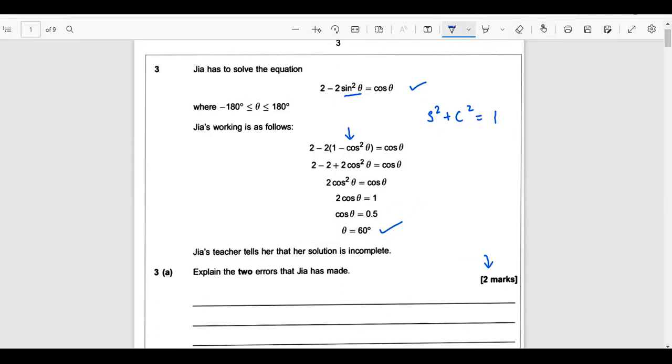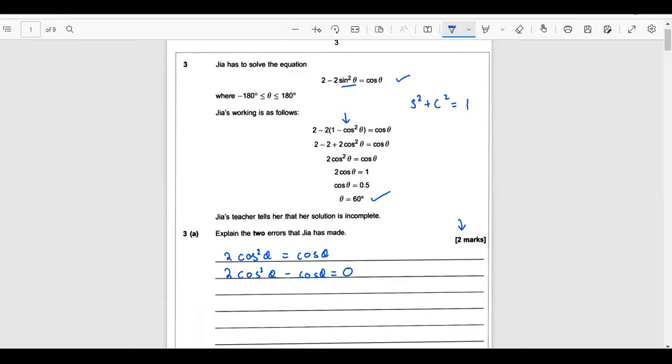Okay, so she could have done this step this way, that 2 cos square theta, this was the step, equals cos theta. Instead of cancelling cos theta, she could have done it this way, 2 cos square theta minus cos theta equals 0. And now she can just take cos theta common, and you will see she would be able to find multiple solutions this way, which she was not otherwise.